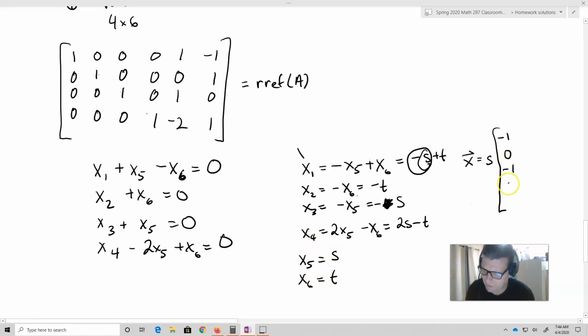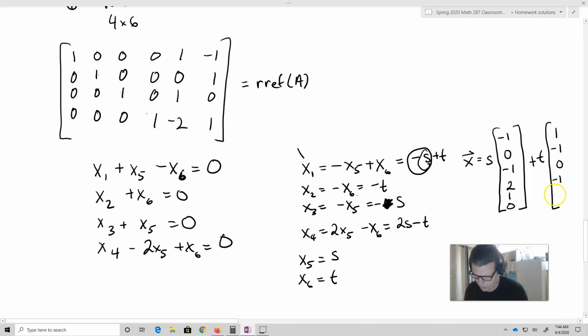In x4, I have 2 s's. x5 is s. And x6, there's no s's, there's just a t. Then plus t, and now I'm going to line up all my t's. So I've got 1t in x1, negative 1t in x2, 0 t's in x3, negative 1t in x4, 0 in x5, and 1 in x6. And so that makes that my vector solution.